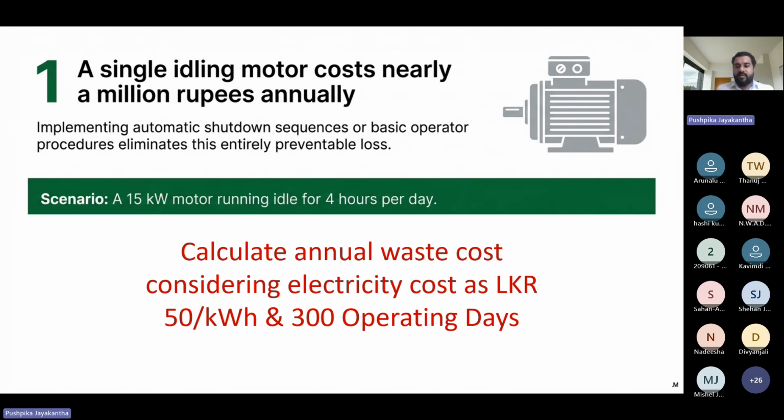So I feel you are all sleeping. Okay, I'll give you only 2 minutes. Calculate the annual waste cost.